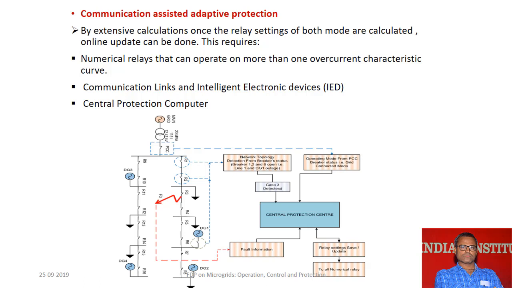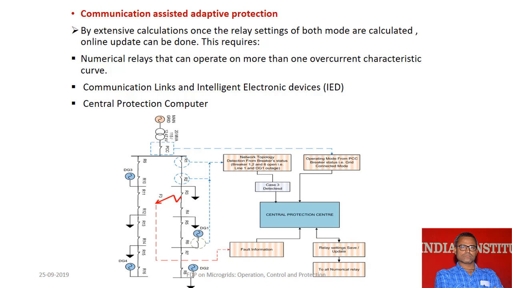So this is a scheme where communication is used to change the settings in an intelligent way, right? By extensive calculations, once the relay settings of both modes are calculated, online update can be done. This requires a numerical relay that can operate on more than one overcurrent characteristic.